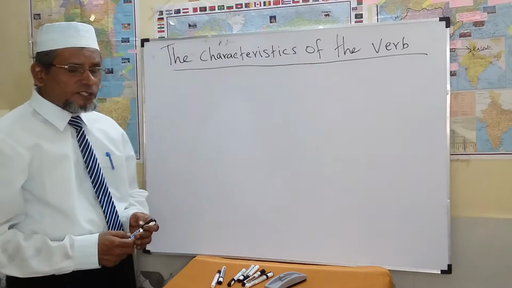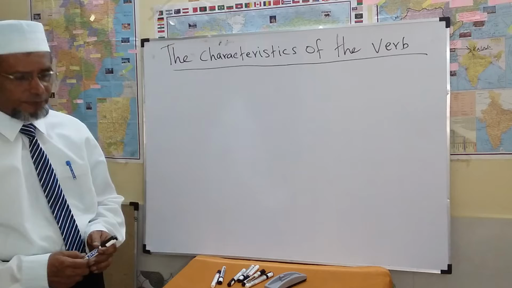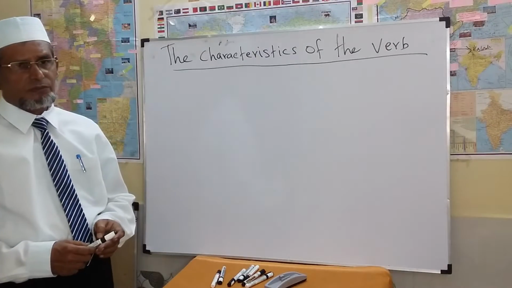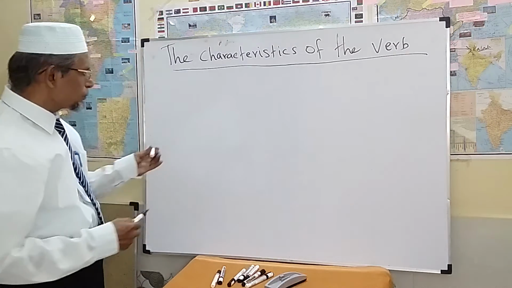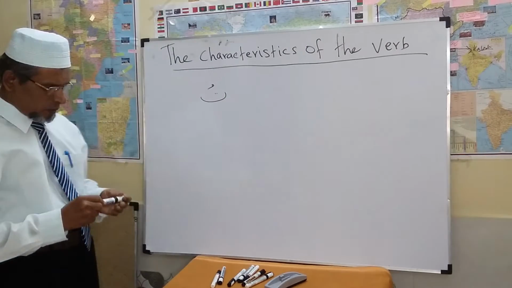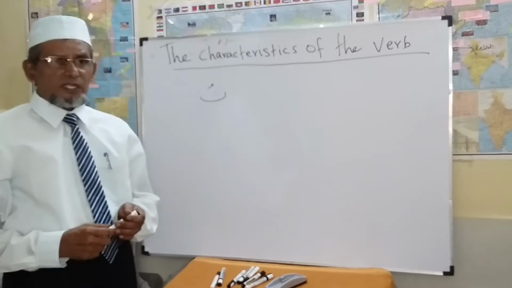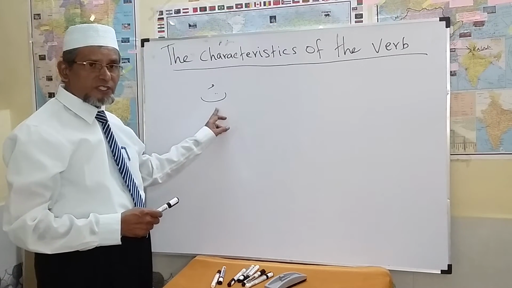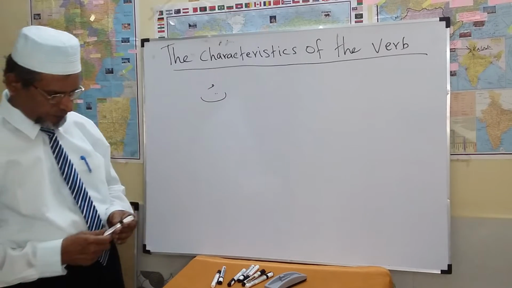The characteristics are: number 1, when an Arabic word is suffixed with the letter tu of the subject, we can understand it is a verb.